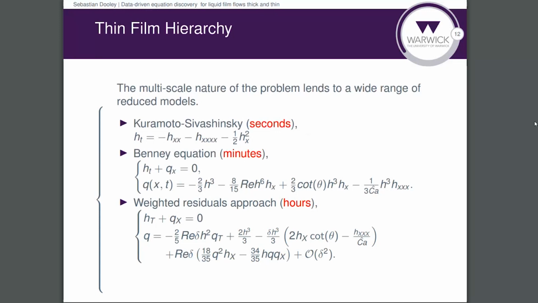So as your fluid gets thicker, you have to use more and more complex equations. The takeaway from this slide is there's analytical work done, there are good reduced order models that can describe how a fluid flows, but these have limited ranges of applicability. The other idea from this slide is to get an idea of what these equations look like. You can see these h^6 h_x, these h^3 h_x terms, are really similar to that library I said I was using earlier.